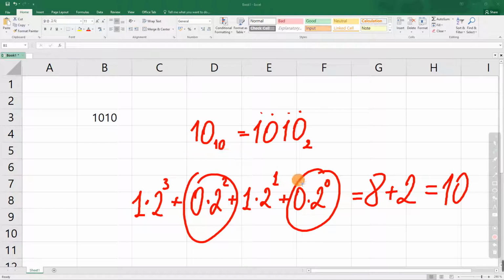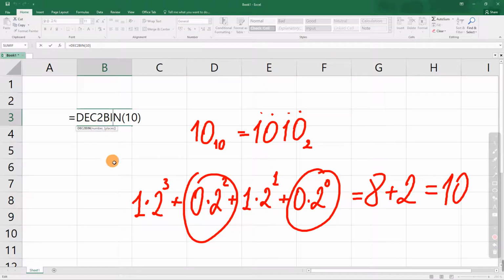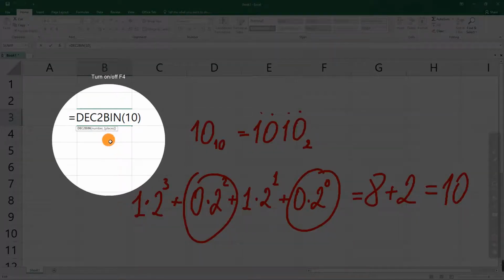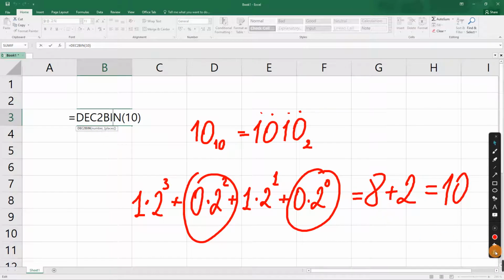So if you don't like such kind of computations, I think you can easily use the DEC2BIN function. I think it's very useful. So now let's create a small table and convert numbers from 1 to 10 to binary number system. I will just erase everything here.